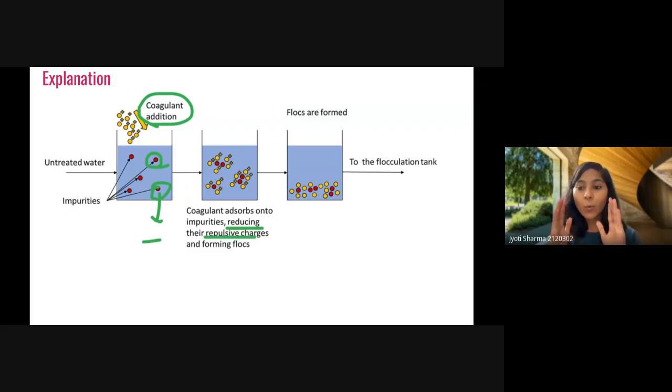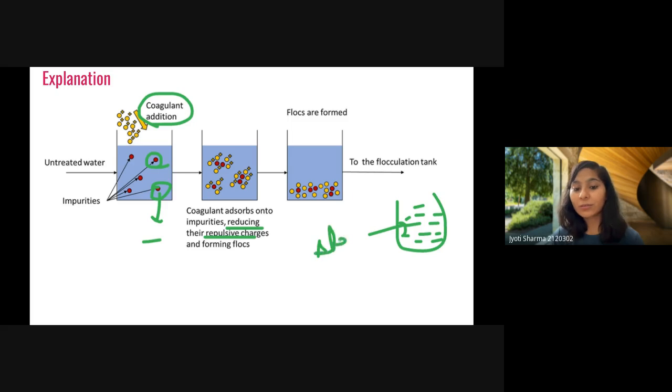So why are they stable? Their stability is because they are negatively charged, and there is repulsion to each other, and because of the repulsion, this suspension is very stable in nature, and that's why they are not settling down.